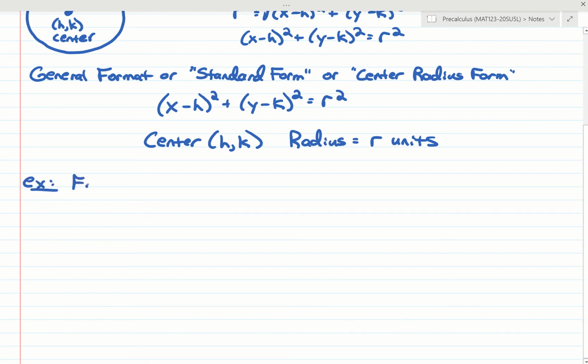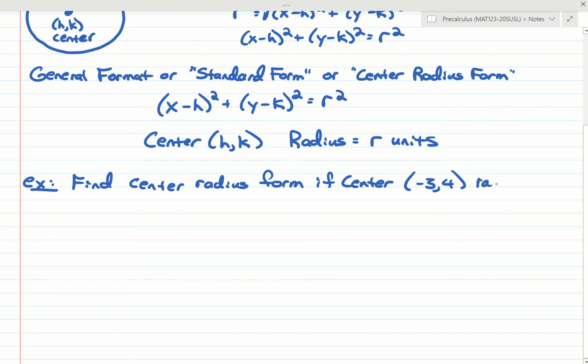First one is, let's find center radius form if the center is (-3, 4), and the radius is equal to 6 units.